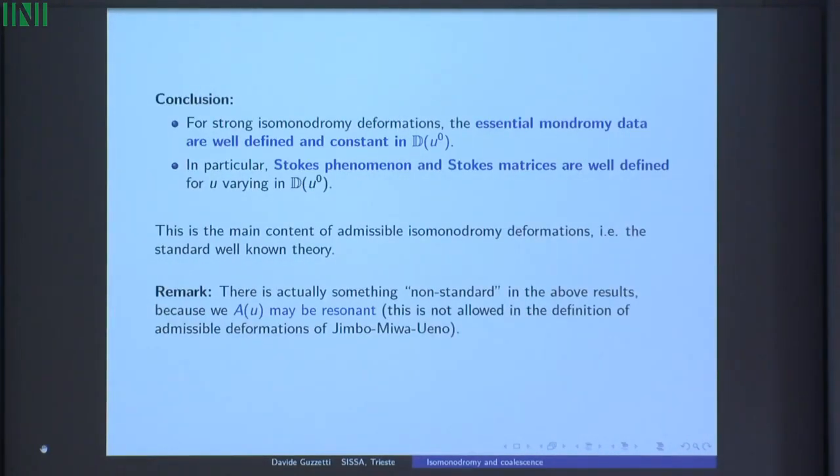So as a conclusion, in admissible isomonodromy deformations, so when we do not have any coalescence, we can well define essential monodromy data which are valid for every U inside the polydisk. And the most important point is that we can define the Stokes phenomenon without any ambiguity.